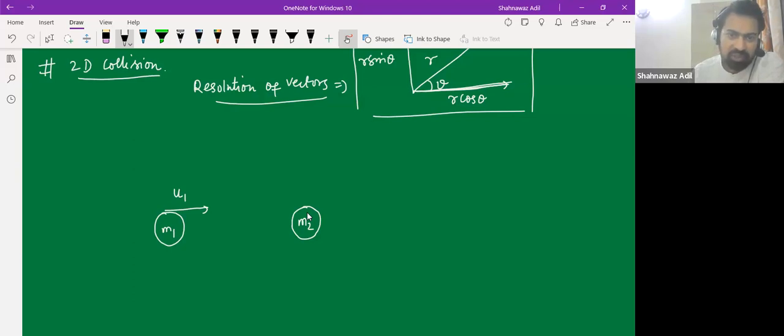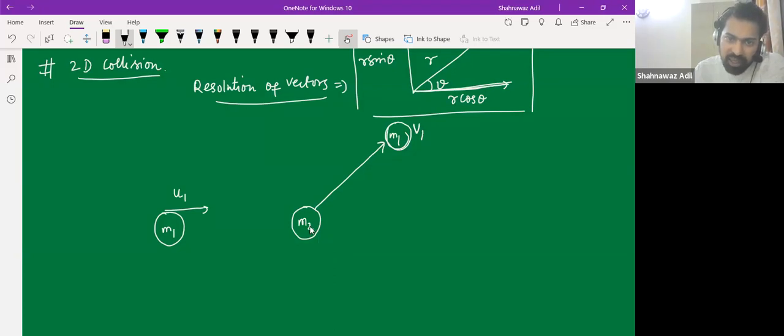If the collision is not head on, it means the collision is two-dimensional. So this object will move in this direction. This is our m1 moving with final velocity v1.